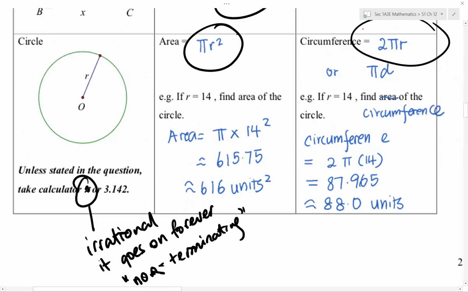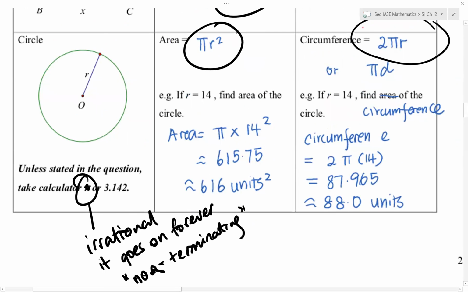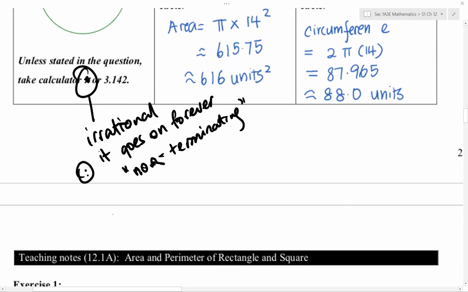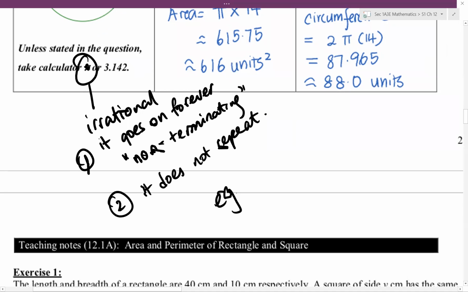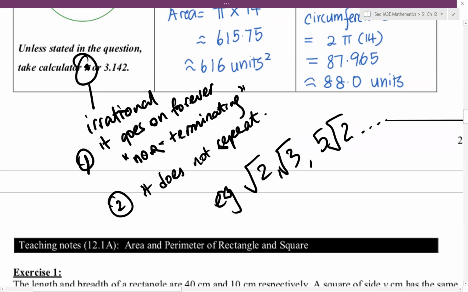This is the first point. The second point is that it does not repeat. Okay, 2 points for irrational: goes on forever, does not repeat. Another example would be square root 2, square root 3, 5 times square root 2, etc. These are irrational numbers.